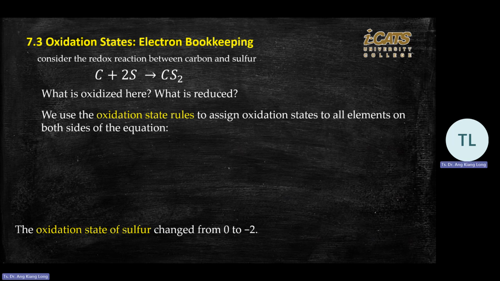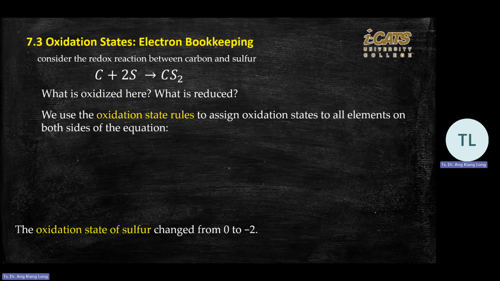So if you see a reaction C plus 2S, with the arrow from left to right, it's a forward reaction, giving CS2. What is oxidized here? What is reduced? So how do you know? Recall, if the question asks what is oxidized, it means the element that has oxidation. In the previous lecture we learned about agents, which have the opposite meaning.